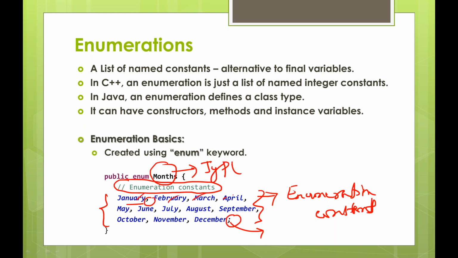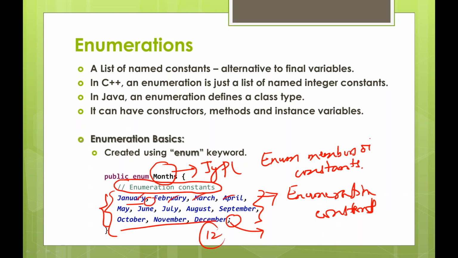There are 12 constants. Jan, Feb, March, April, May, June, all are called enumeration constants.